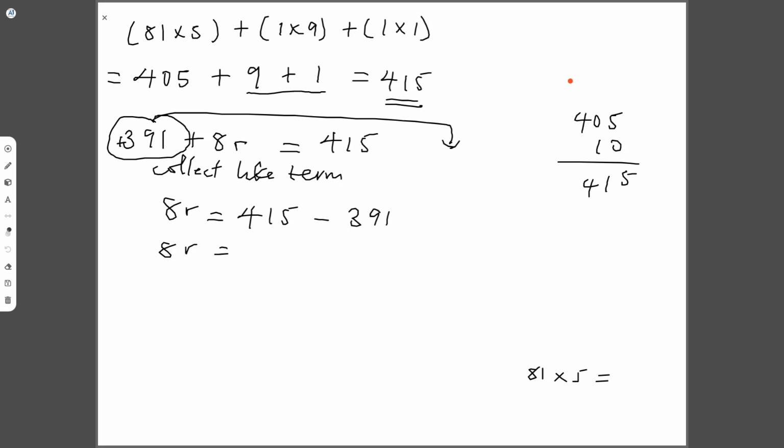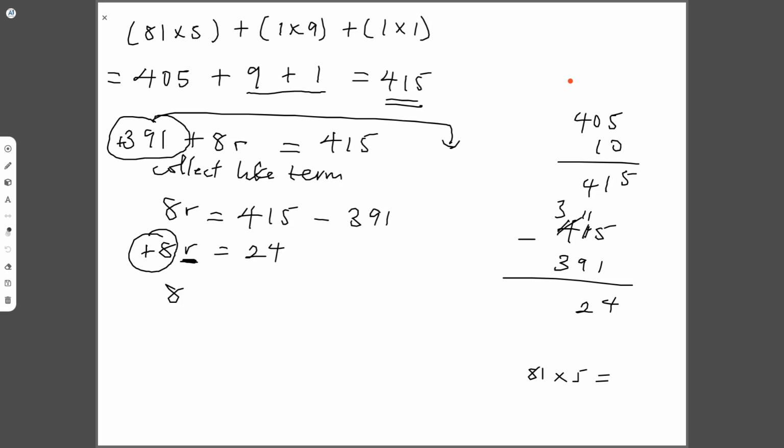That gives us 24. We have to divide both sides by the coefficient of R, and the coefficient of R is plus 8.